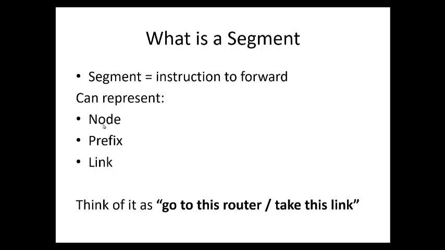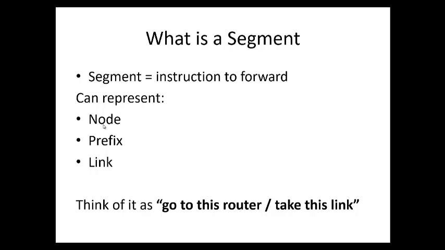When you focus on node, then it is a single path, single router, node SID. Go to this SID means go to that router. Instead, if I have a prefix SID, I just want to go to that prefix, and this is the prefix SID. Then the router will see what all possible paths. If there are multiple equal cost paths, it's going to use all those paths to go to the prefix SID.